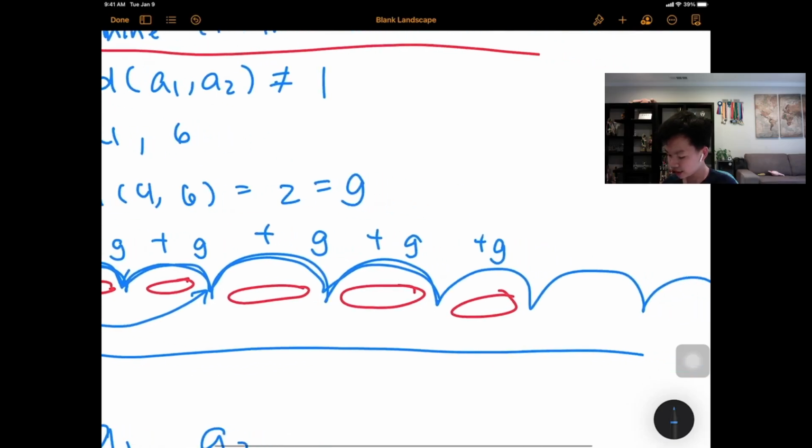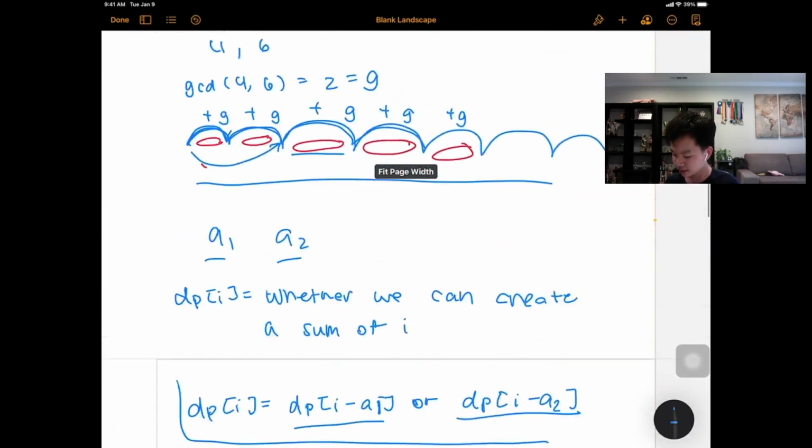If you make these kinds of jumps, then as you can see, the red portions are going to be left out, meaning that you're not going to find an answer here.